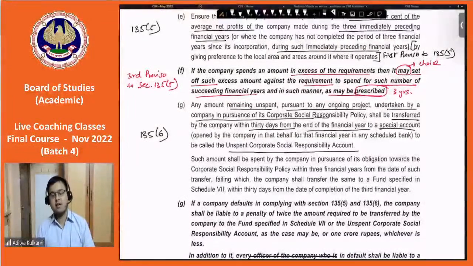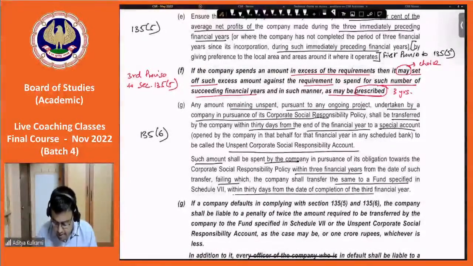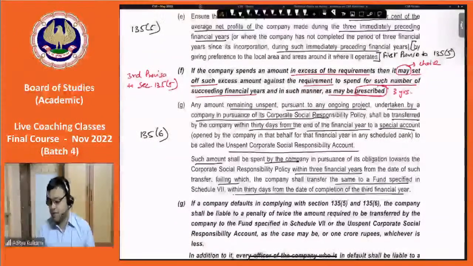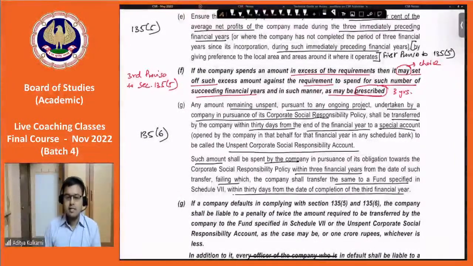So we discussed by 30th April 2022, transfer it to the unspent corporate social responsibility account. Such amount shall be spent by the company within 3 financial years from the date of the transfer. Failing which, transfer it to a fund within 30 days from the date of completion of the 3rd financial year.